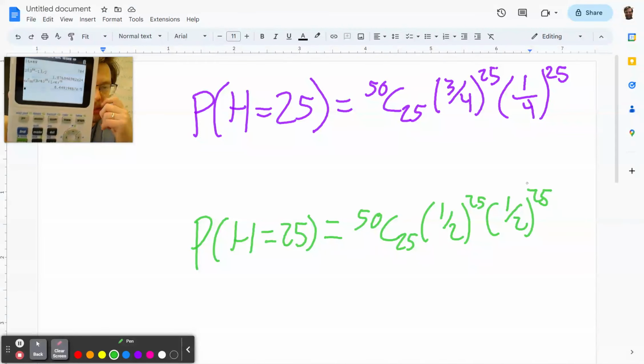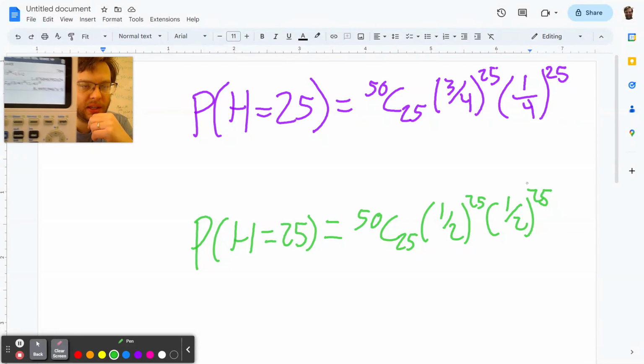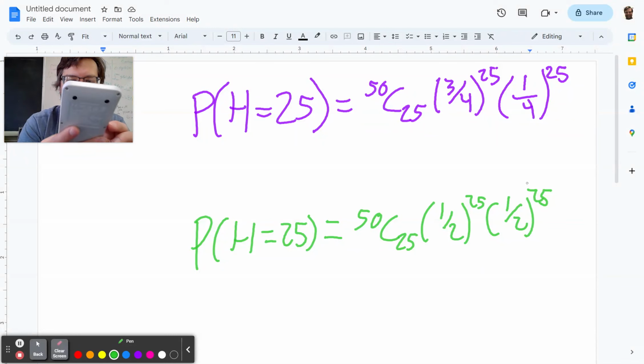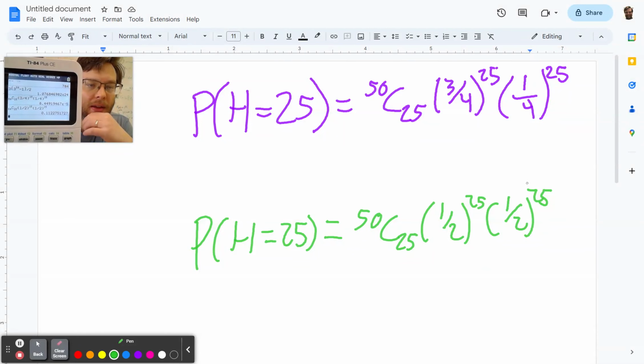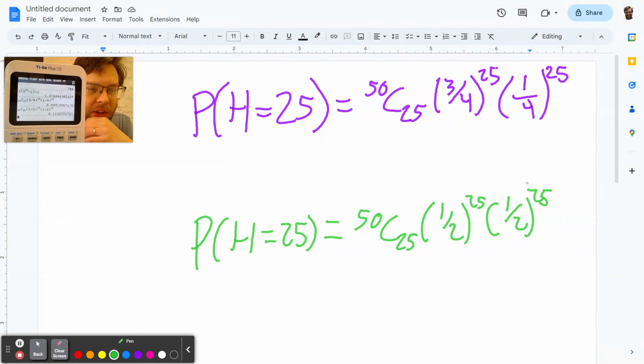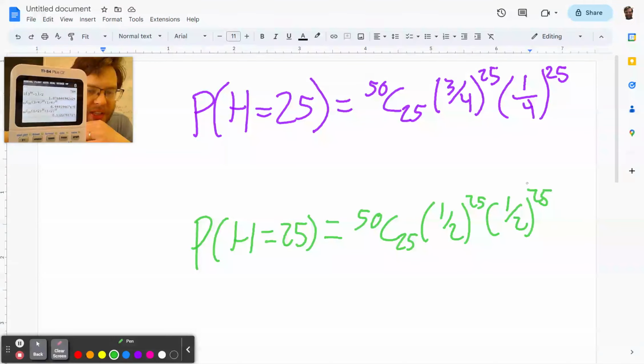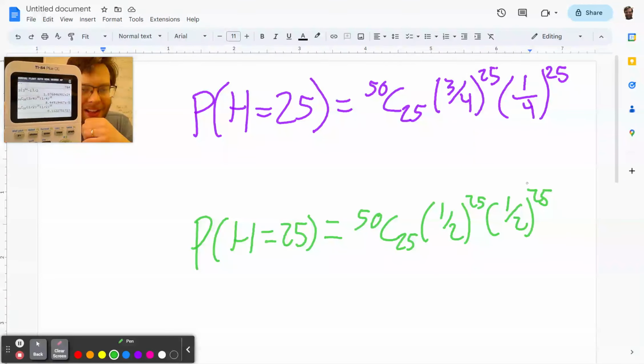I got 8.449 e negative 5. Then I'm going to change it to 1/2 and 1/2, and I get that right there. So you have about an 11% chance, if it's a fair coin, to get half heads. And you have an almost 0% chance if it's a biased coin, 3/4 and 1/4.